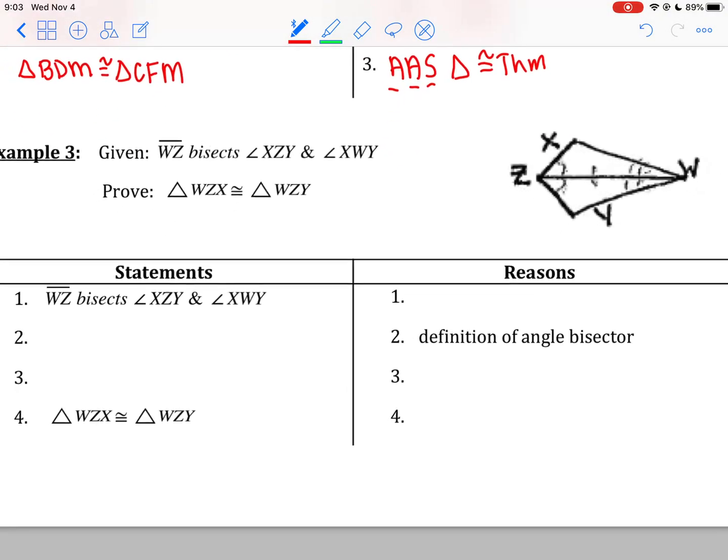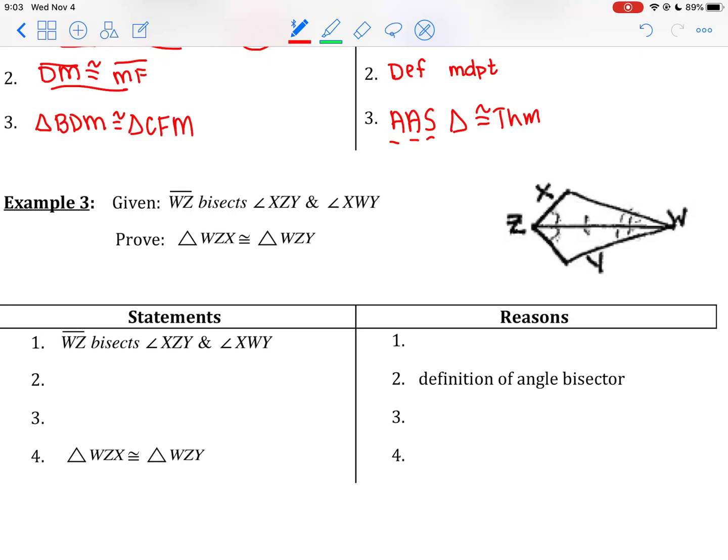All right, in our next proof, here we have WZ, the segment bisects angles XZY and angle XWY. So we're going to look at those two angles and what this word means. So this was my given, and within my given, the term bisect shows up.